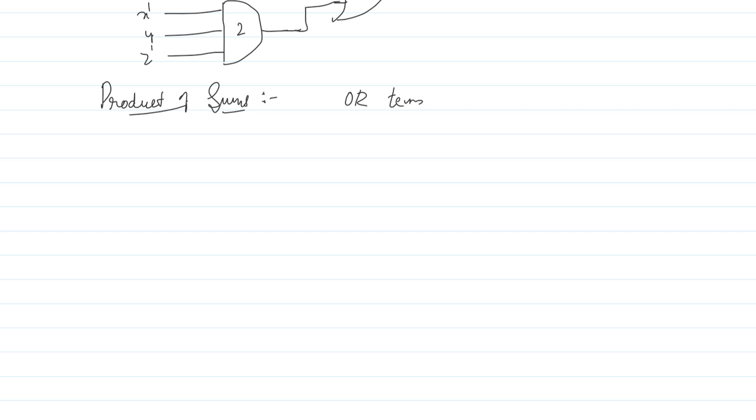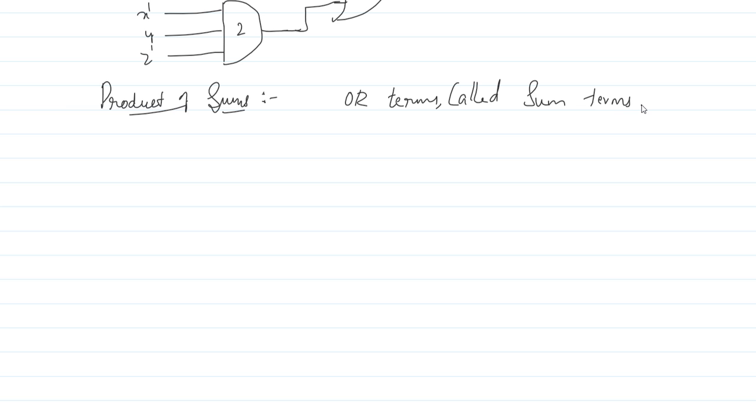A product of sums is a Boolean expression containing OR terms called, what we have to call all OR terms, that is sums, right? Or you can call them sum terms.